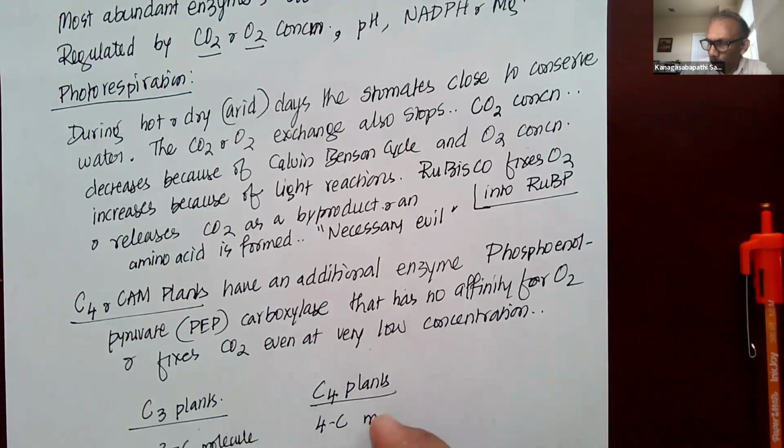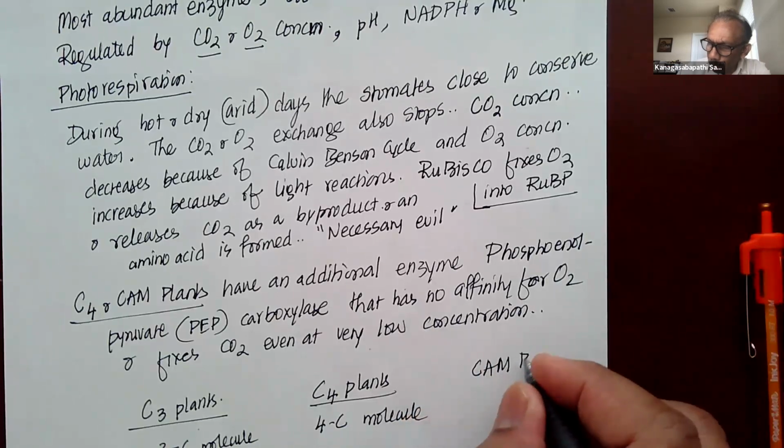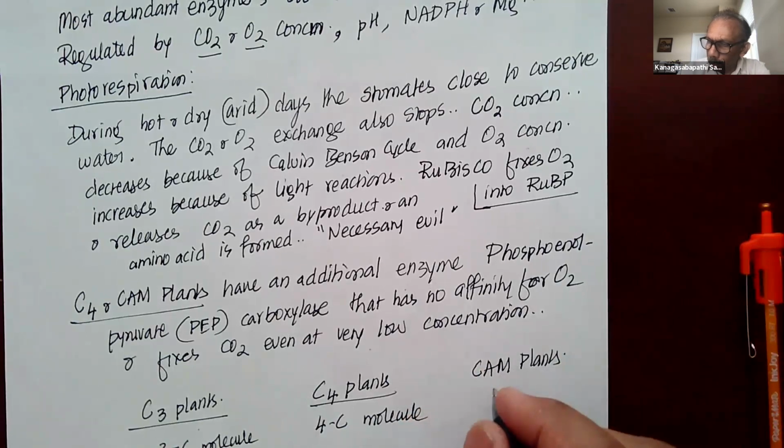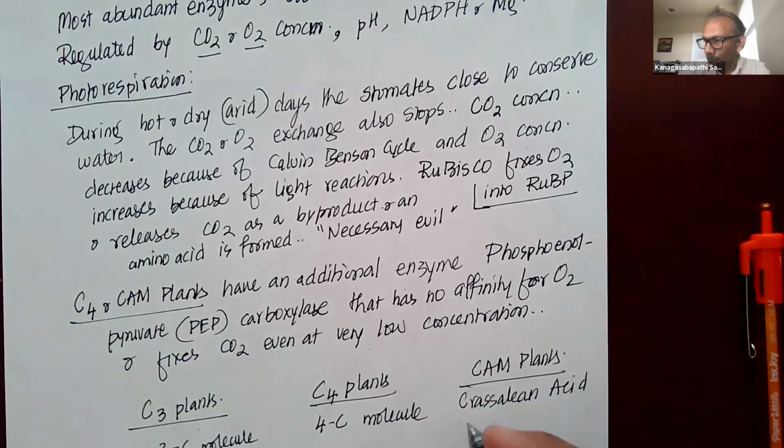That's why it is called a C4 plant. CAM plants also make this 4-carbon molecule, but CAM stands for crassulacean, that's a family name, acid metabolism. That's where the name comes from.